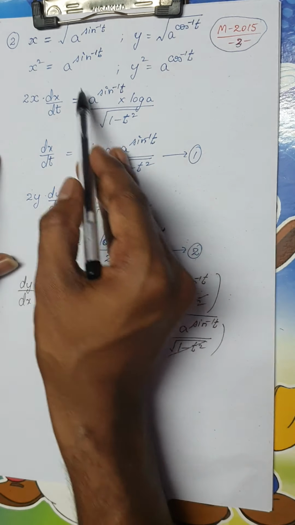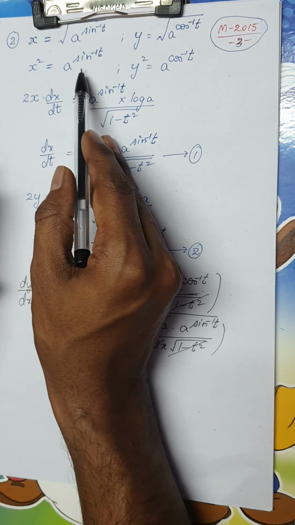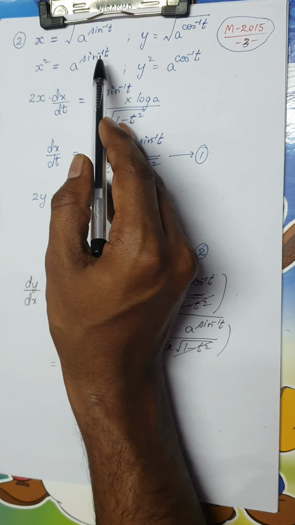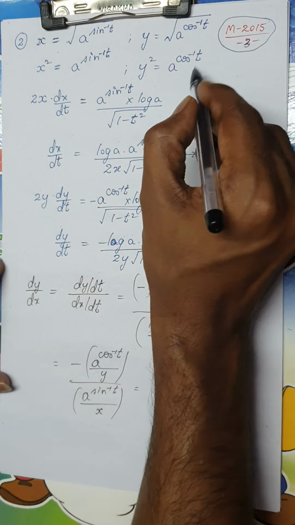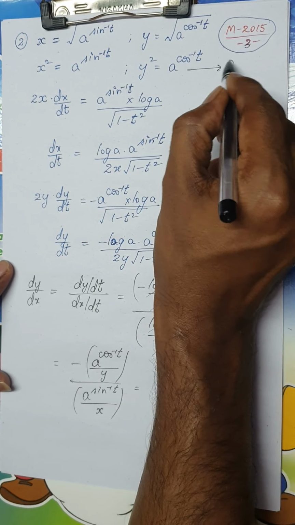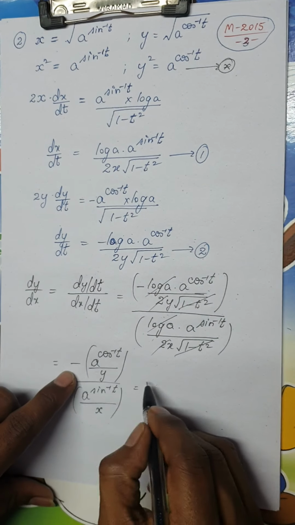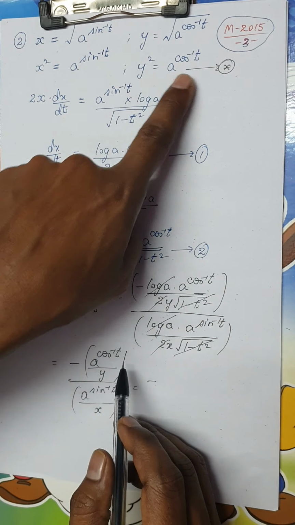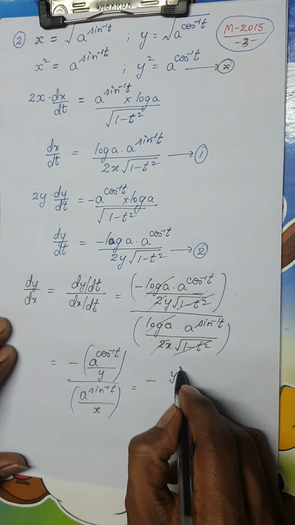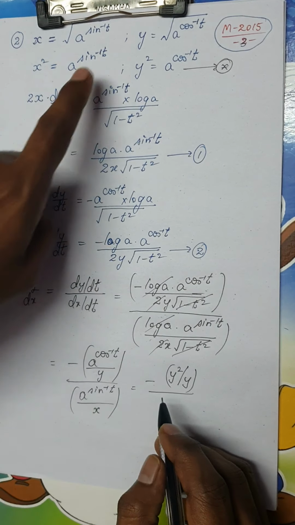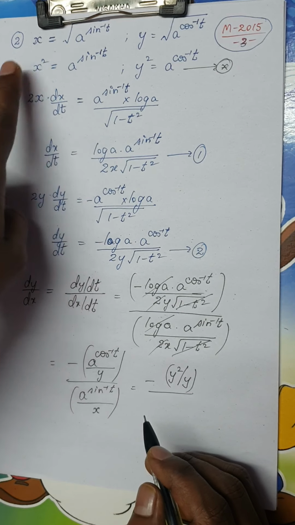Now go back to what I have in the first case. What is a power cos inverse t and what is a power sin inverse t? You can name this as equation star if you want: x square and y square together. So minus of, remember, a power cos inverse t I'll replace as y square, divided by y I have, whole divided by a power sin inverse t, which is nothing but x square.